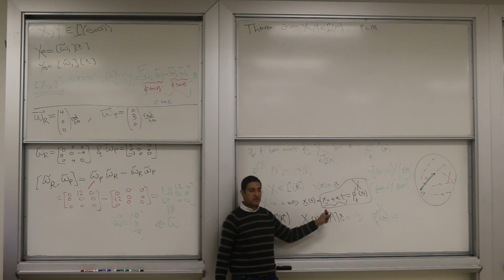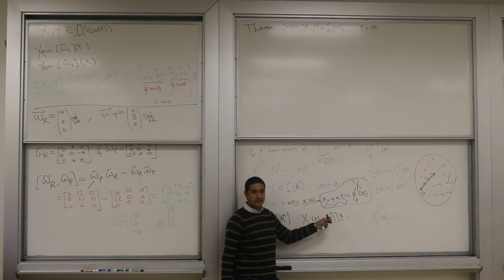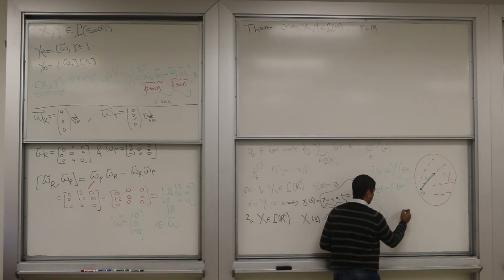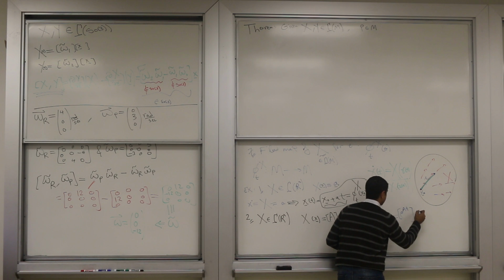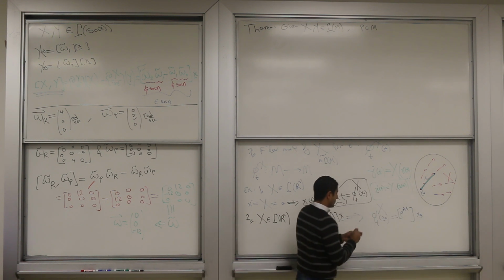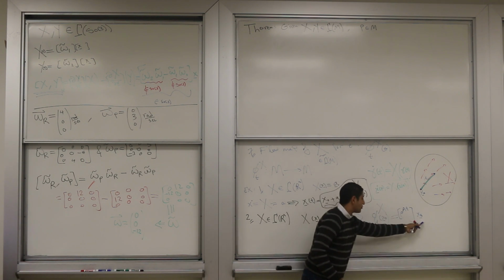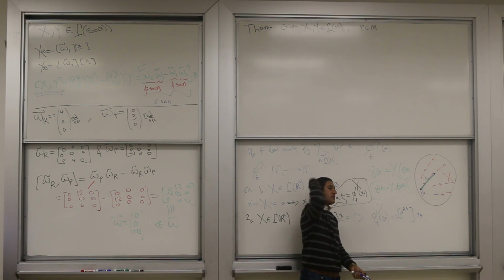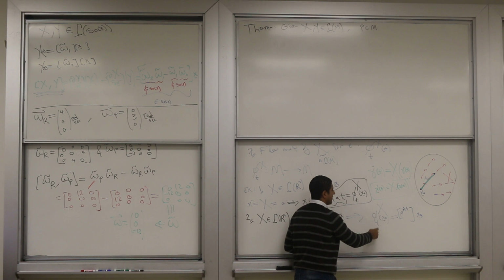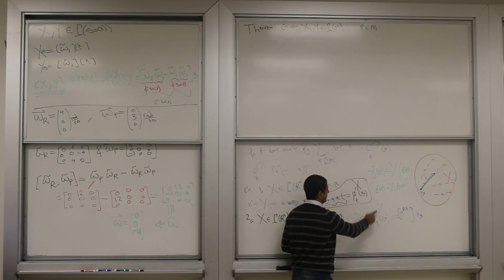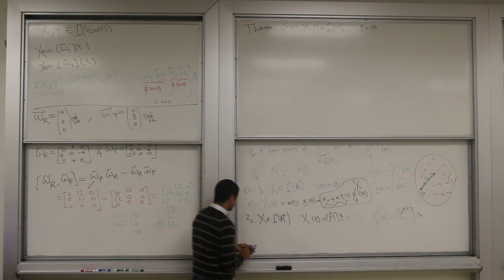Anybody remembers? E to the power of At. This is a matrix times your x naught. So your flow map takes your point and multiplies it by a matrix. The resulting point is the point that you flow along your vector field by time t.